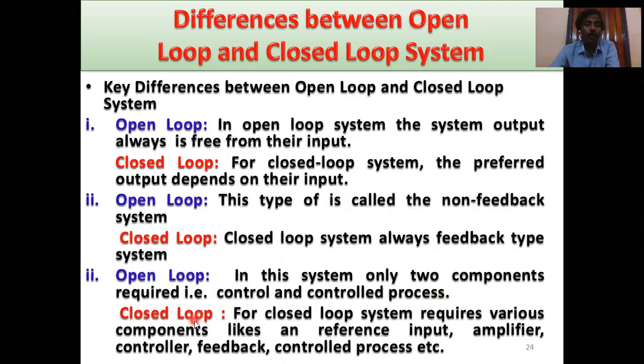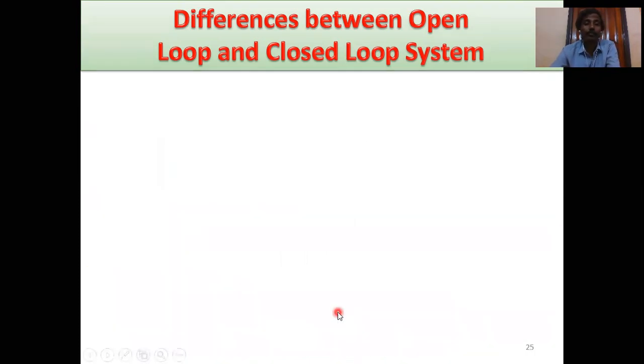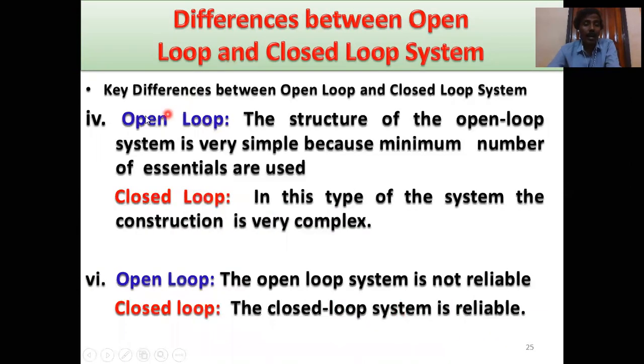For closed loop systems, various components are required, like reference input, amplifier, controller, feedback, and control process.